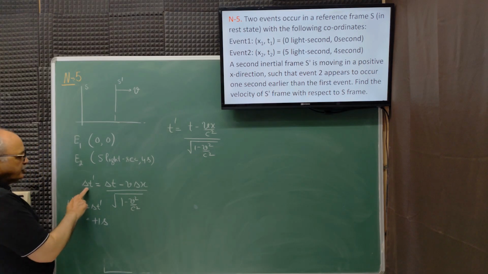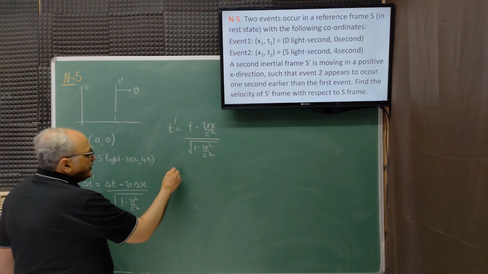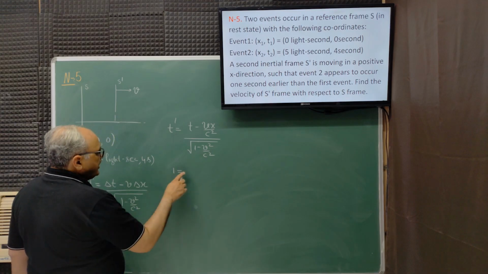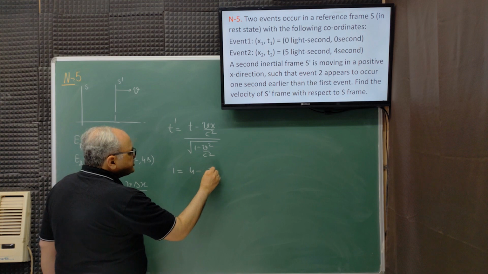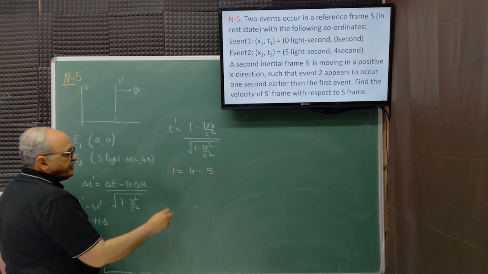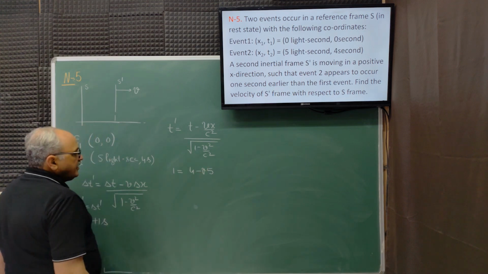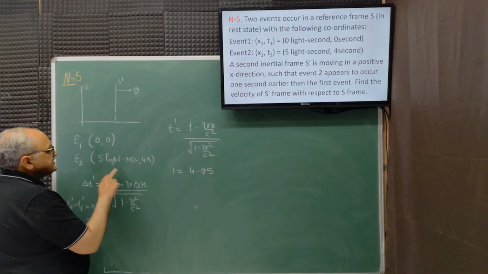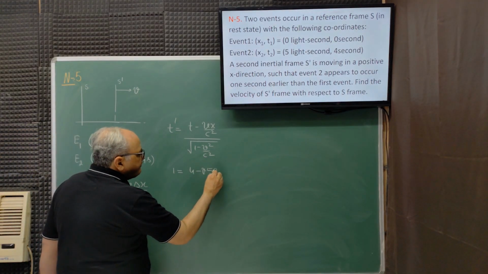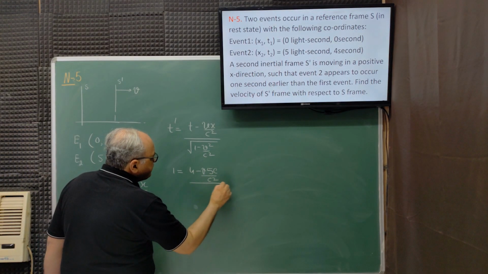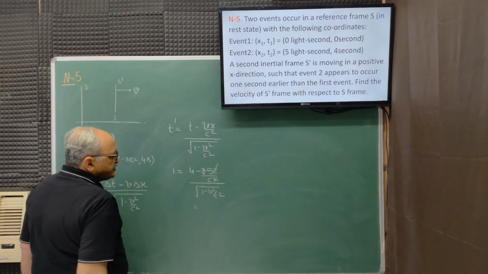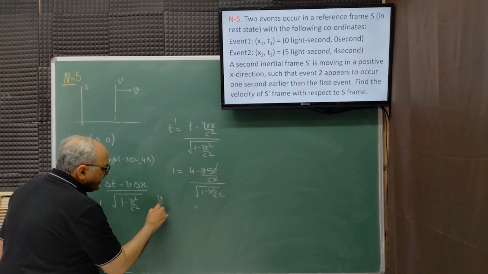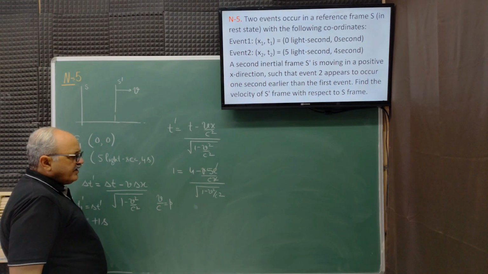So putting in the values, 1 second equals delta t, which in this case is 4 minus 0, 4 second, minus v times delta x, which is 5 light second, 5 into c, divided by c square, divided by the square root of 1 minus v square by c square. So one of the c is out. Let's take v by c as p to make it simple.